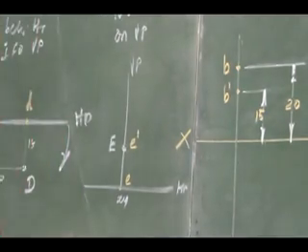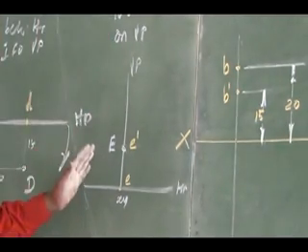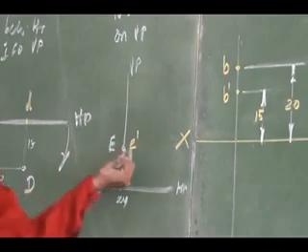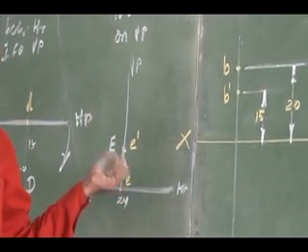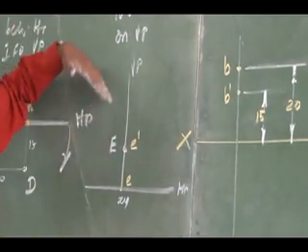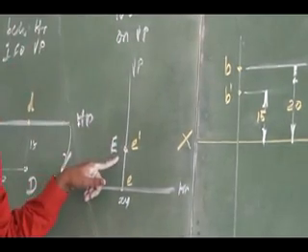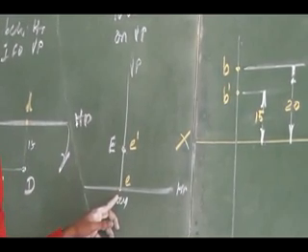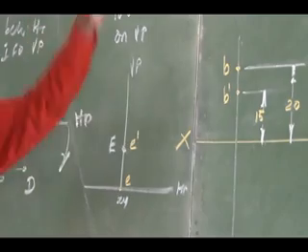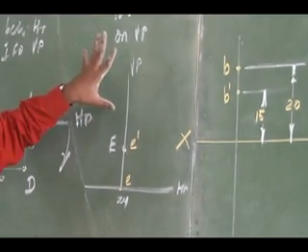The actual point is on VP itself. So by projecting the point, the front view will be in the same place itself. I will obtain the front view on VP. By projecting the point which is on VP, the top view will be obtained on the reference line. Yesterday I told you about the board. The board is on VP.